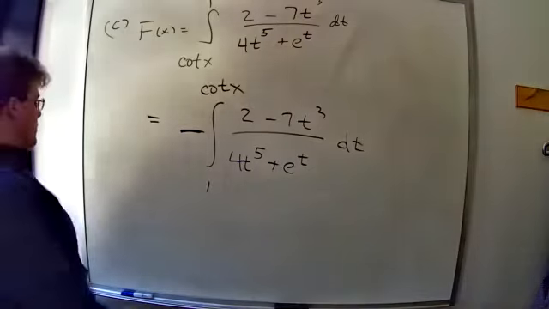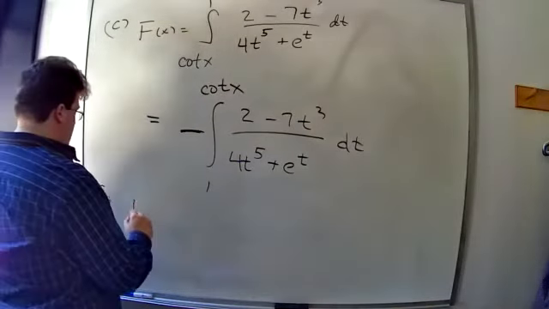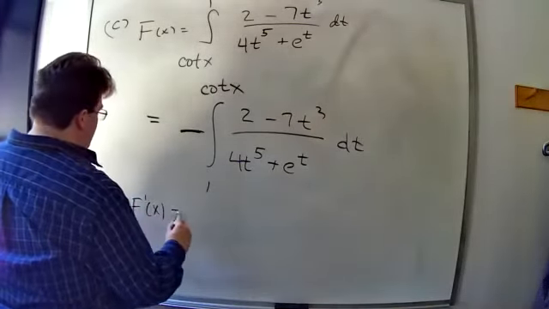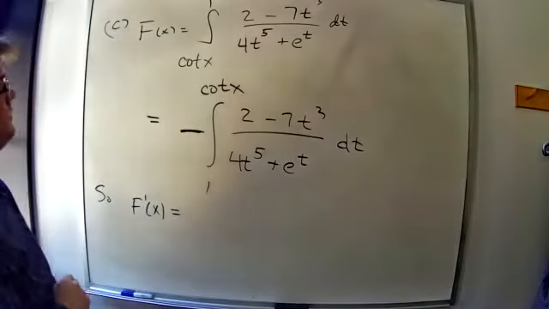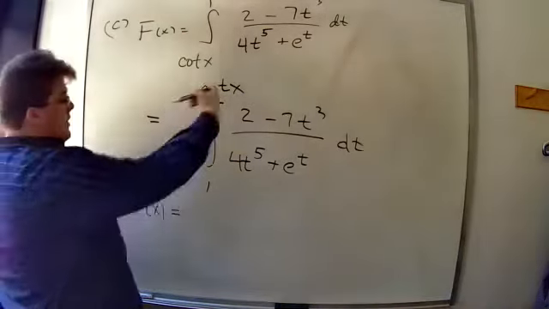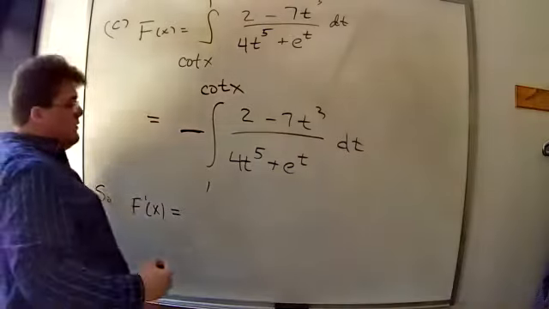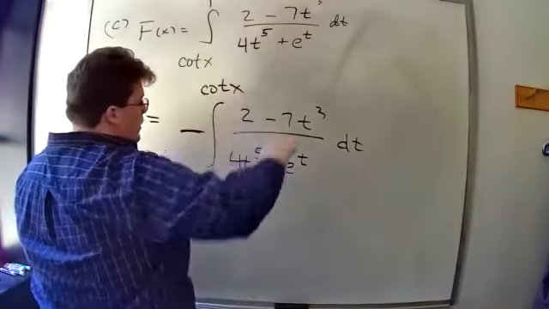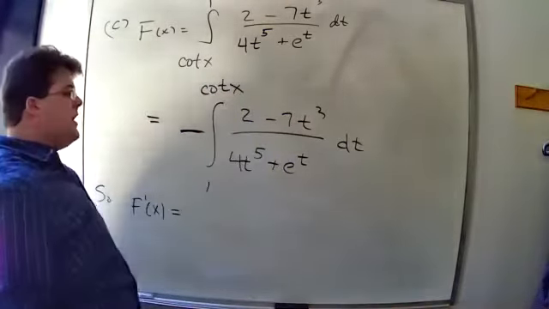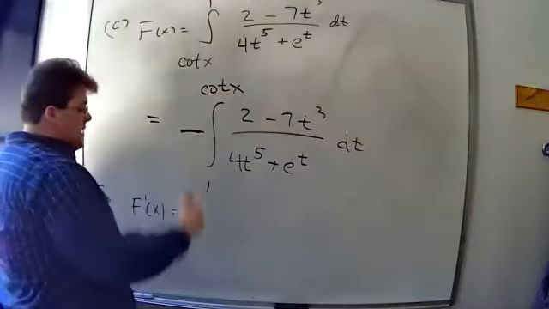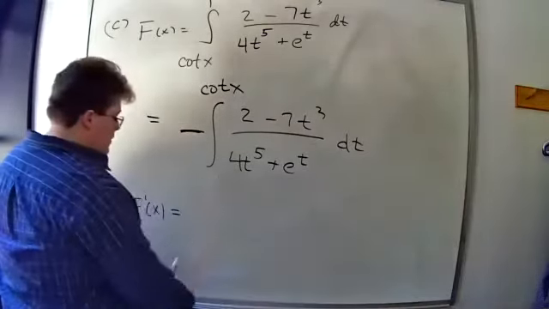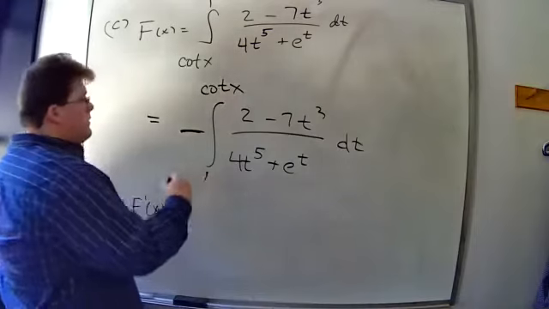And now we can take the derivative as we did in part B. You could let u equal cotangent, but I'm going to use our shortcut observation for chain rule, where we replace all t's with this function and then multiply by its derivative, and we remember this negative sign here. So what do we get?